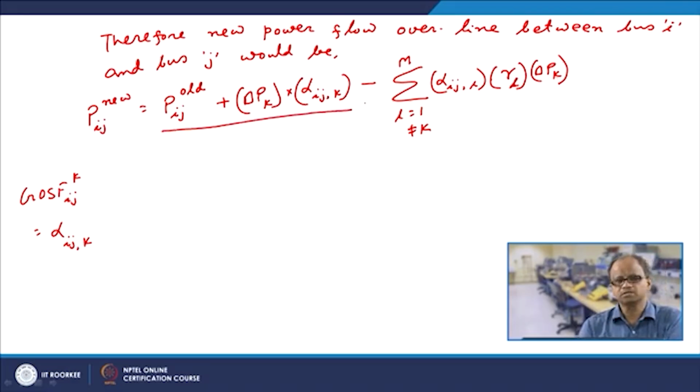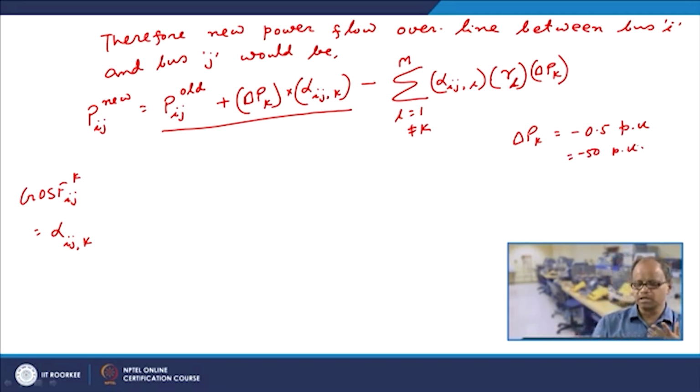Why this minus? This minus is there for the simple reason that when bus k is going out of order, then that real power would have to be compensated by the others. Now, we have already seen that delta Pk, for example in our case, would be let us say minus 0.5 per unit, or let us say minus 50 per unit.